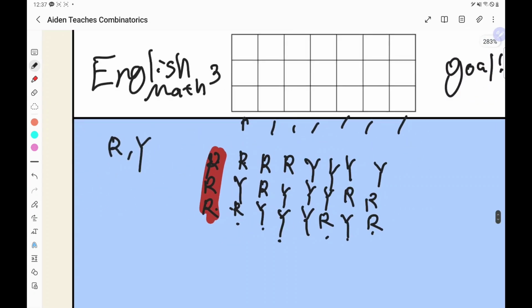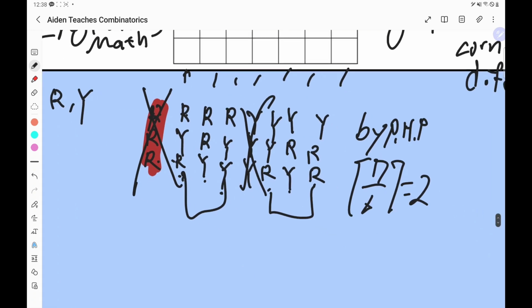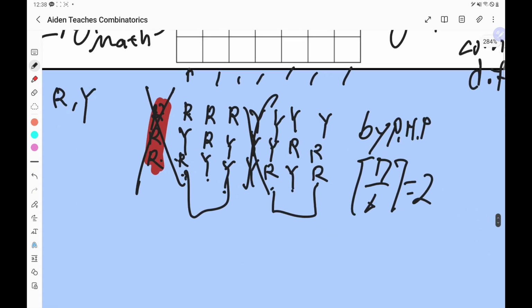So if we do not have red, red, red, and do not have yellow, yellow, yellow, we have these 6 cases, and by Pigeonhole principle, the ceiling of 7 over 6 becomes 2. That means if we pick 7 among the 6 cases, we have at least one case that happened 2 times, which becomes the same corner.